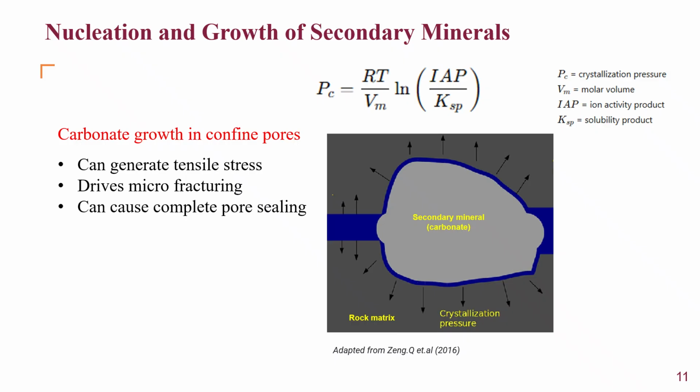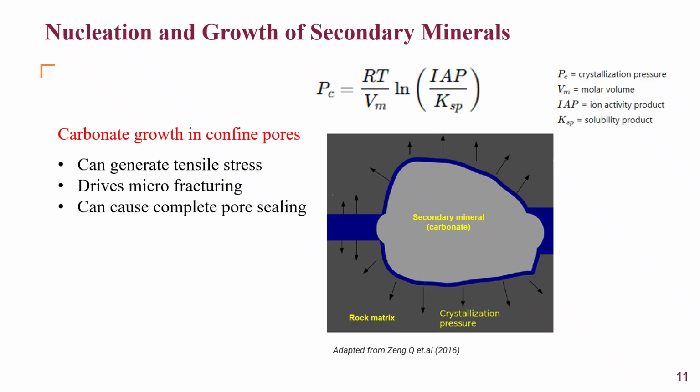Now, this figure is adapted from Zeng et al.'s paper, and it's showing how the growth of secondary minerals can exert the crystallization force or the crystallization pressure onto the surrounding rock matrix.